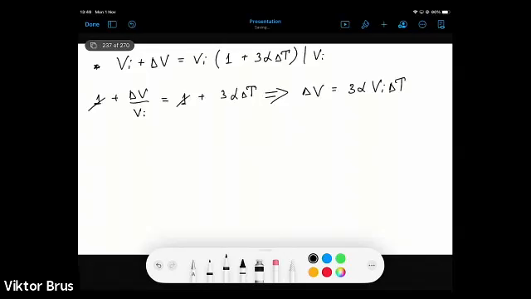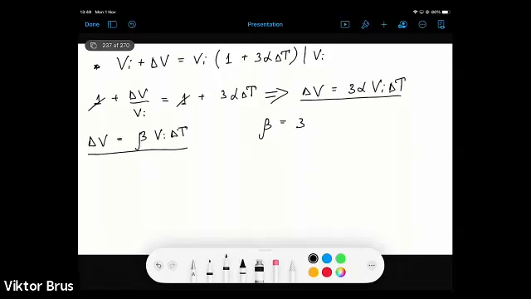Initially, when we started to consider this case, we wrote that the change in volume is expressed as beta times V initial times delta T. Looking at these two equations, we see that beta, the volumetric thermal expansion coefficient, is equal to 3 alpha, which is 3 times the linear thermal expansion coefficient.